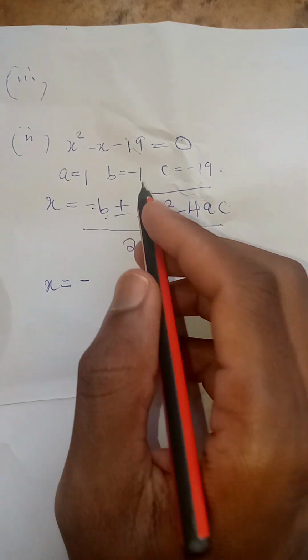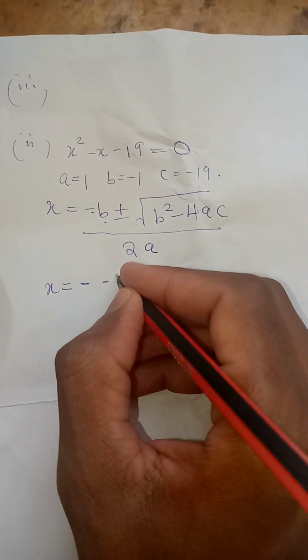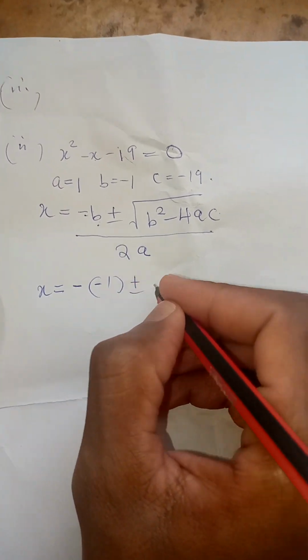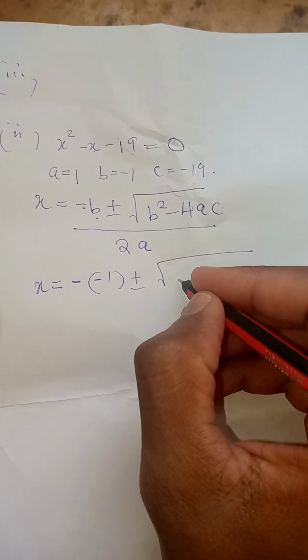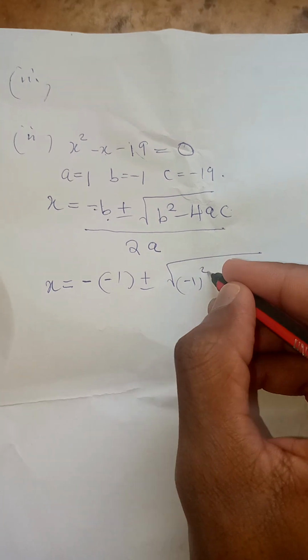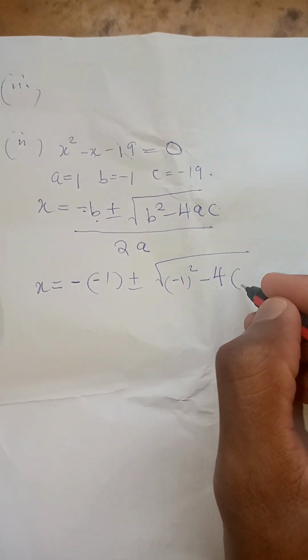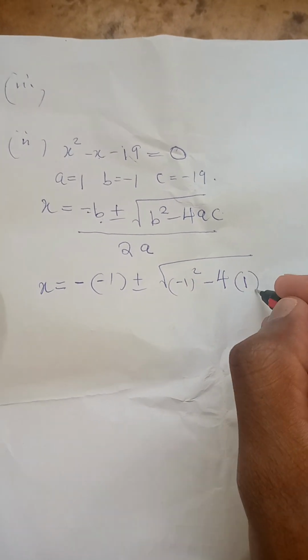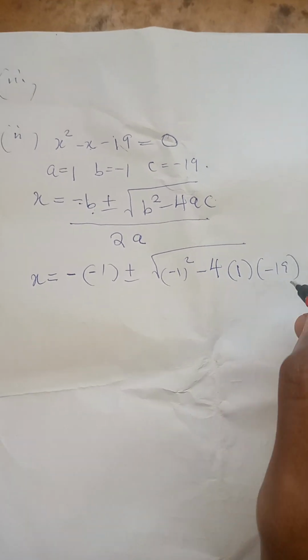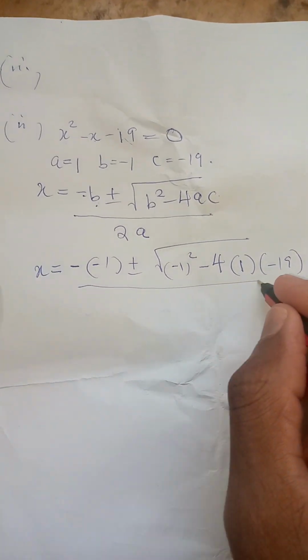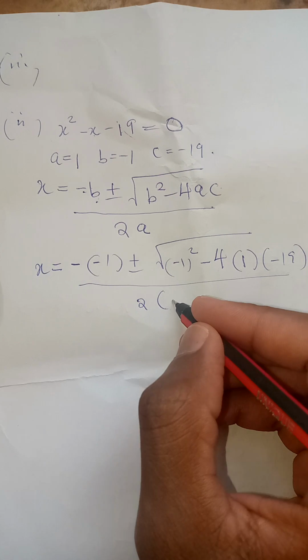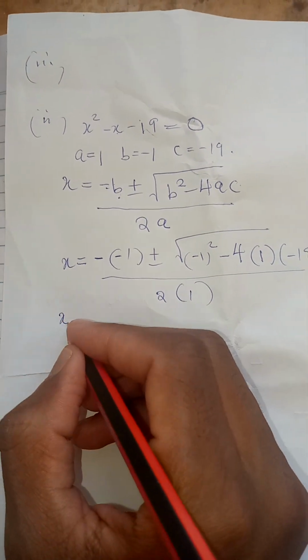B is negative 1. You put it in brackets. Negative of negative 1 plus or minus the root of negative 1 squared minus 4. What is a? It is 1. What is c? C is negative 19. Everything over 2 times a, which is 1.